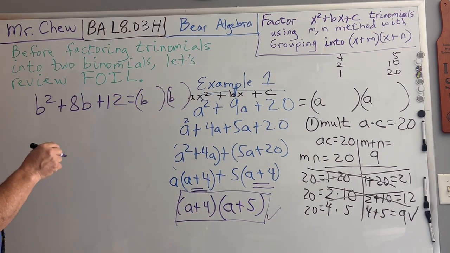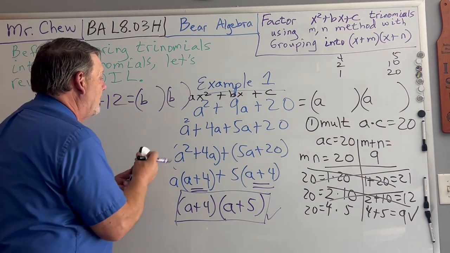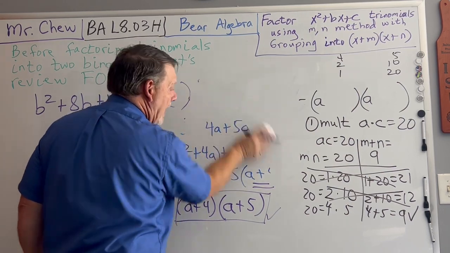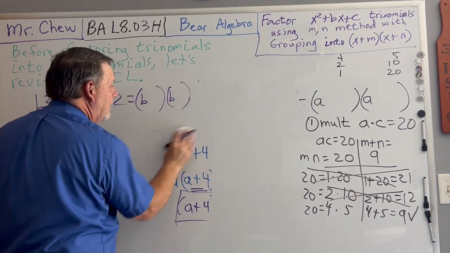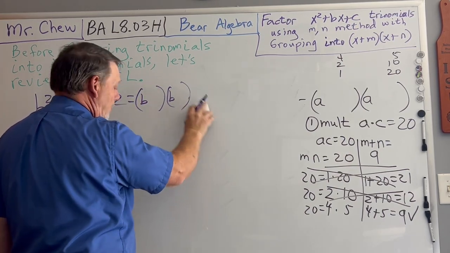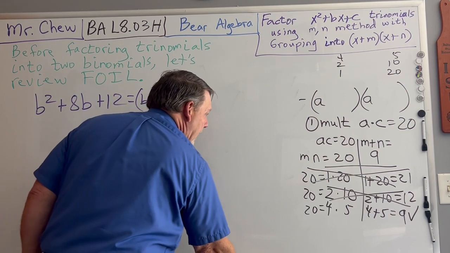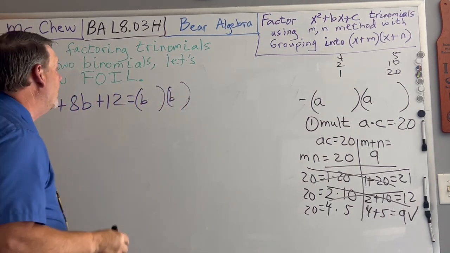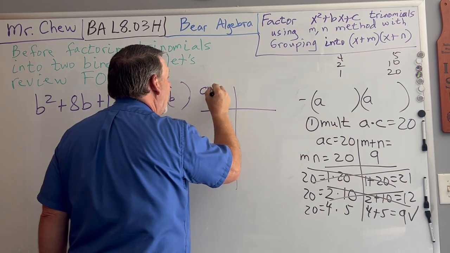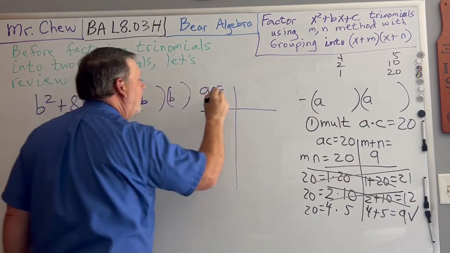So I know that 1 times 12, I'm going to erase this to get it out of the way, because it is in my way now. You could always go back and look in the video if you need to see what I've done there. You can always pause these YouTube videos. That's a good part about them. Okay, so what am I going to do? I'm going to take my table, and I'm going to know that my AC is 12.